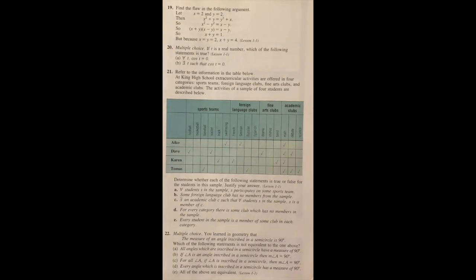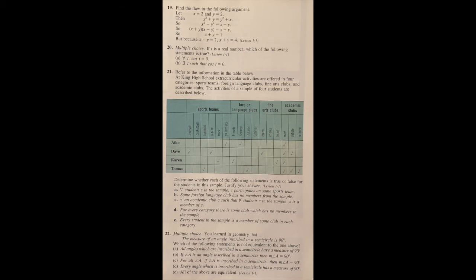Okay, number 20, multiple choice. If t is a real number, which of the following statements is true? For all t, the cosine of t is equal to 0. That's not going to be true. There's lots of things that don't have a cosine equal to 0. But there does exist a t such that the cosine of t is equal to 0.